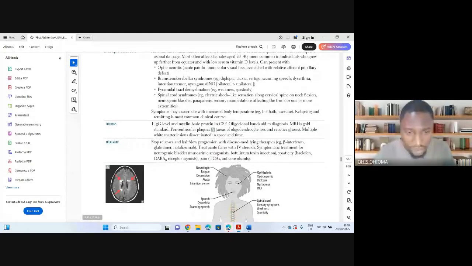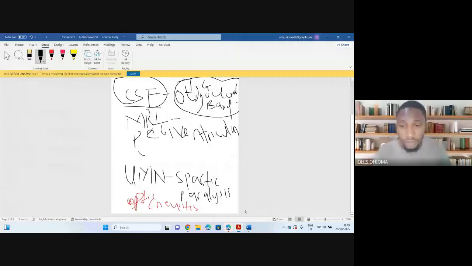These whitish things you're seeing here are more like reactive gliosis, destruction of the white matter, and you see it around the ventricles. When you see this in an exam, it is multiple sclerosis until proven otherwise. Especially in a female, right, with optic neuritis. Those three things, when you see them in an exam, it's multiple sclerosis until proven otherwise.